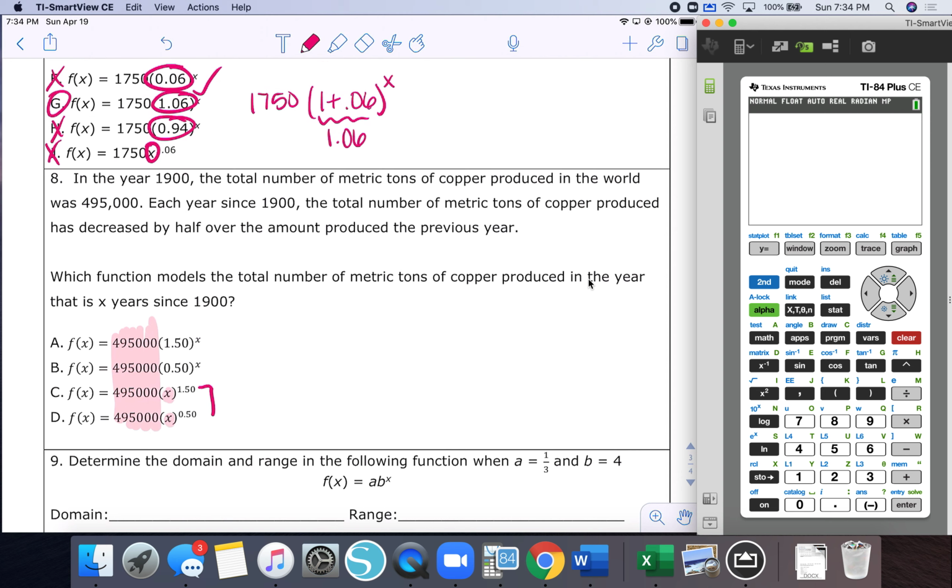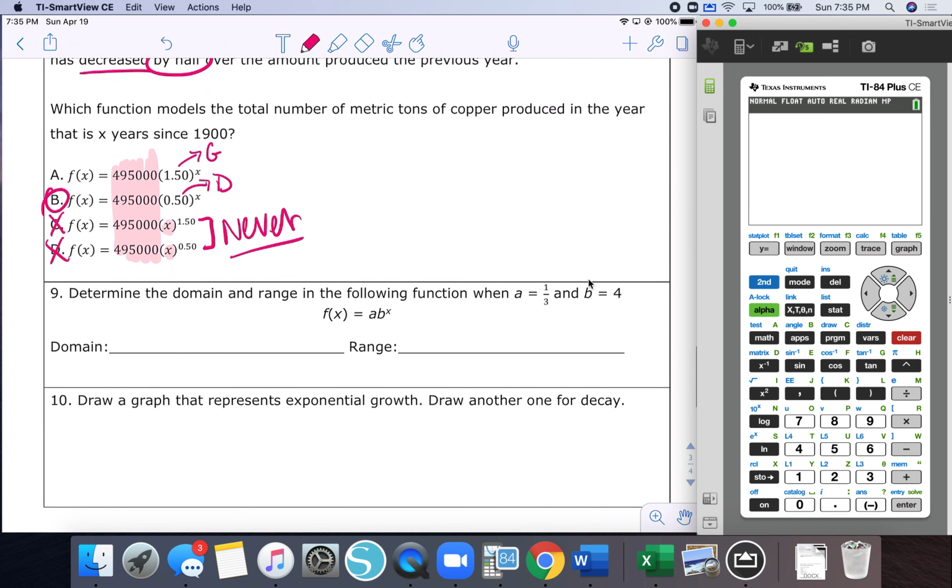Now if you notice, C and D, we have never seen a function written like this. In all of these exponentials, the x has been in the exponent, so it's not going to be C or D. So we just have to figure out A versus B. A is representing growth, whereas B is representing decay. Now this tells me it has decreased by half, so I need a decay function that is going down by half, so B is going to be my correct answer.